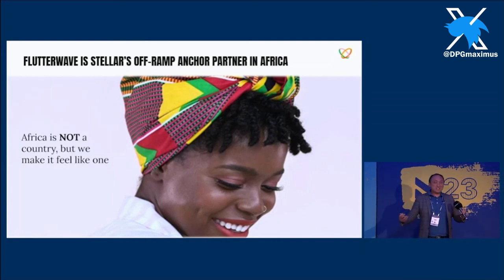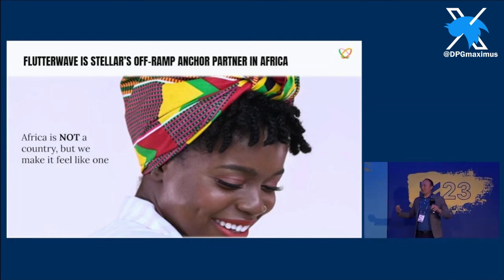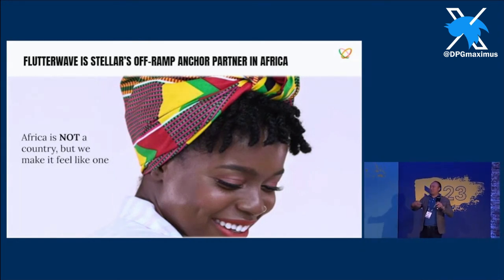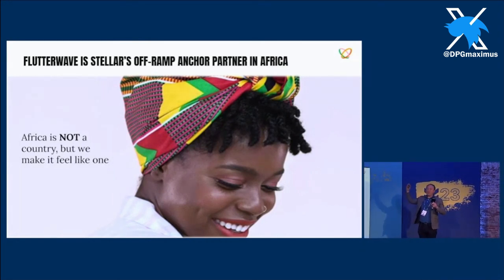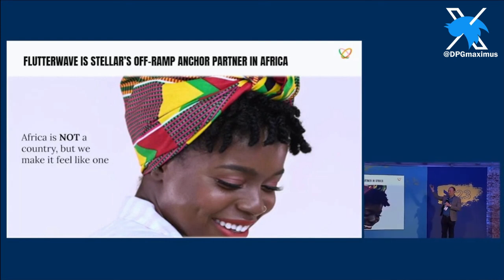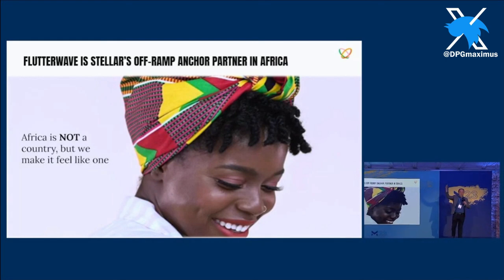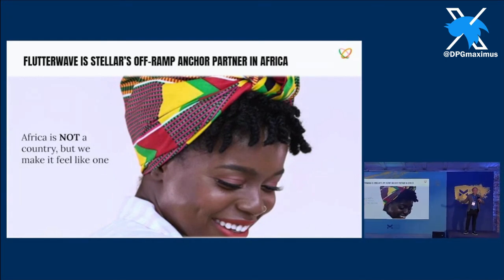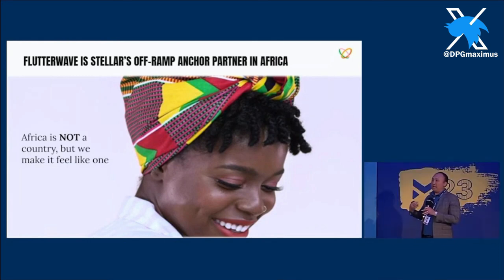So one of the things that Jake said was the mission for Stellar, which is to provide financial inclusion. What do you guys think about that? Are the folks in this room interested in helping to achieve that mission? Cool, great, because so are we. So we at Flutterwave are very excited about this as well. That's why we are the anchor for Stellar in Africa.